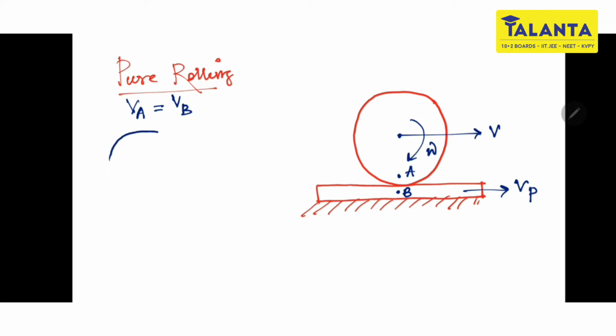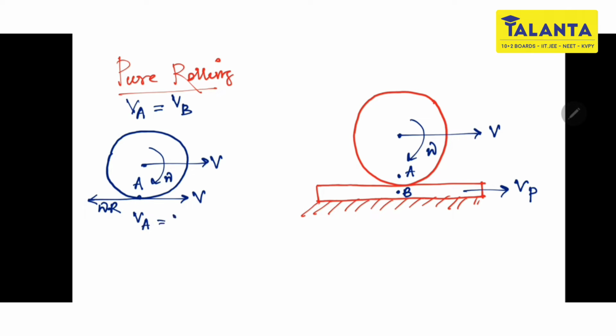Here is the sphere, rotational velocity is omega, the velocity is v, here is point A, this is v, this is omega r, therefore VA equals v minus omega r.